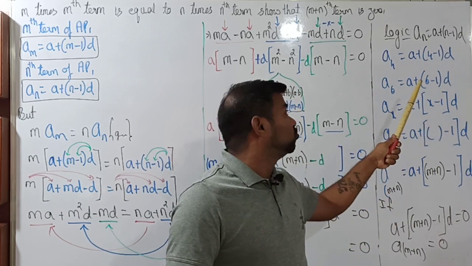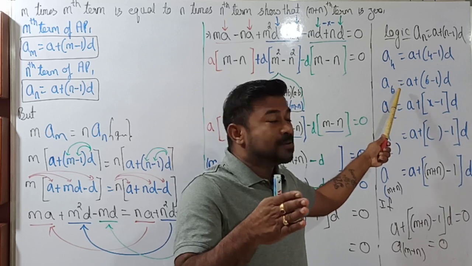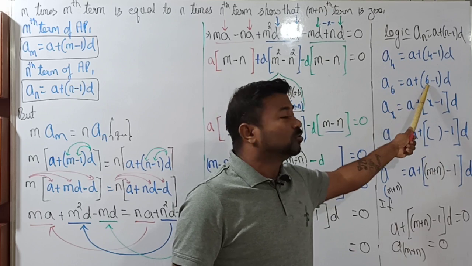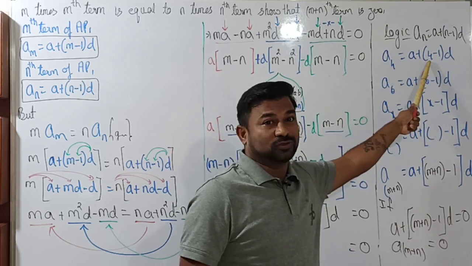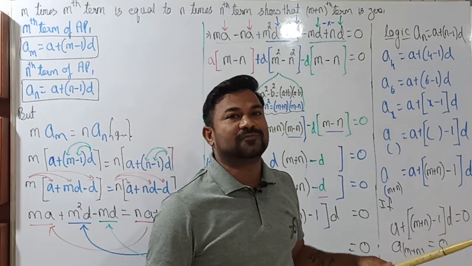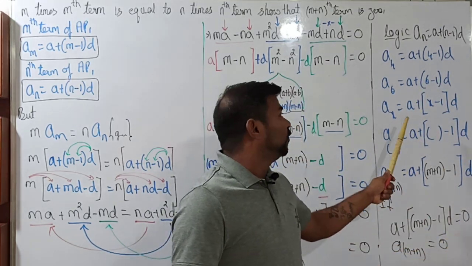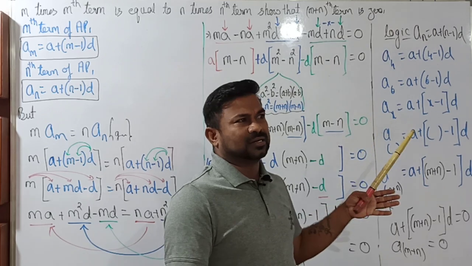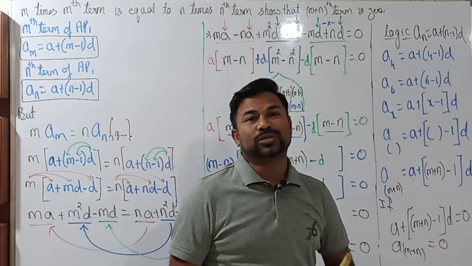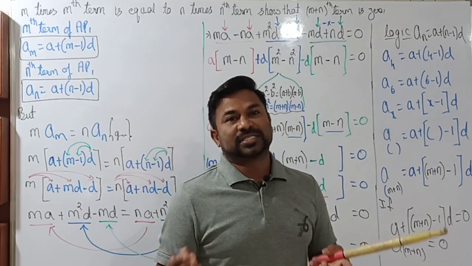The sixth term is a plus 6 minus 1 into d. Whatever we are asked for goes here. In the same way, the xth term, ax, is a plus (x minus 1) into d, whether it is a number or a variable.